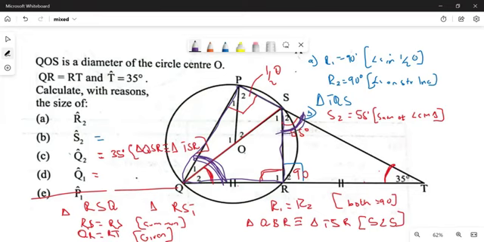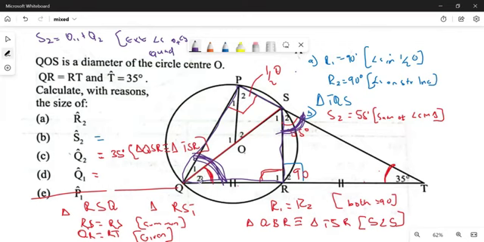So in other words, we can say S2 is equal to Q1 plus Q2. The reason we're saying S2 is equal to Q1 plus Q2 is because we have the exterior angle of a cyclic quad. Does it make sense? This angle here is equal to this angle here. But now we know what this one is already.